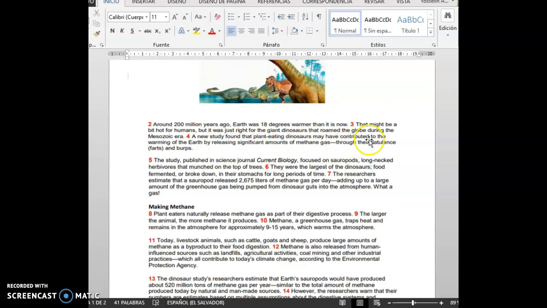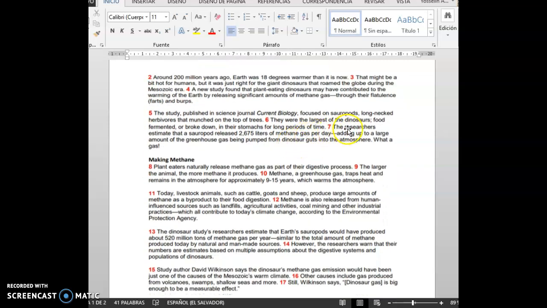A new study says, and this says line 5, the study published in the science journal Current Biology. Then line 7, largest dinosaurs. The researchers estimated a sauropod releases, and so on. Then making methane. Plant eaters naturally release methane gas as a part of the digestive process.